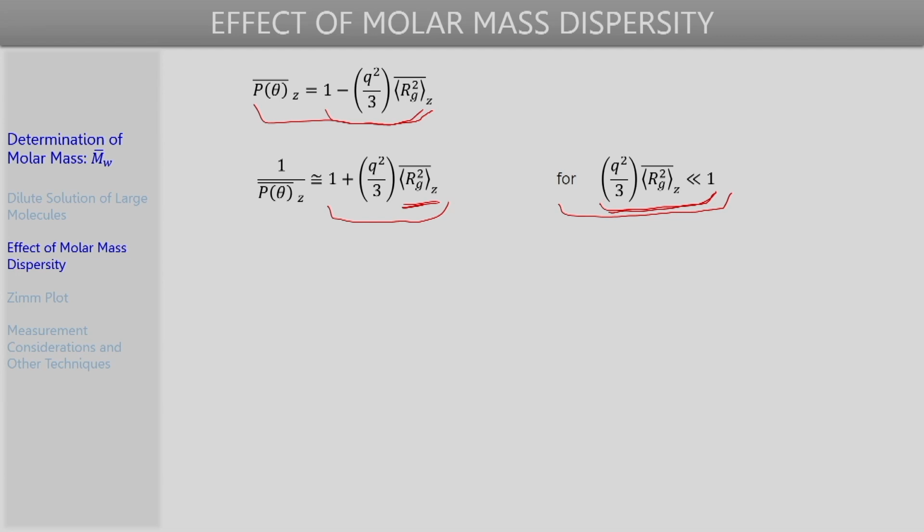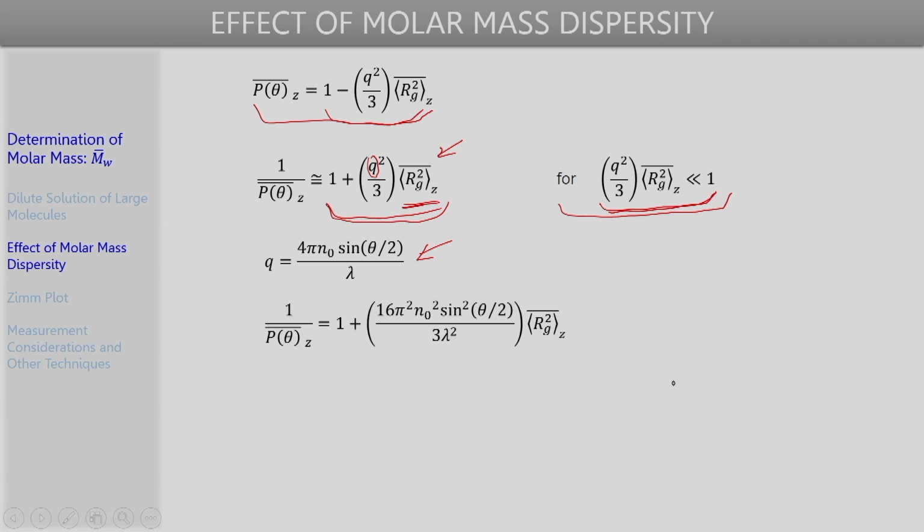Once we have this expression, we know that q, the scattering vector we have already discussed, is defined like this. So, once that is substituted here in this equation, the 1 over P(theta) bar Z term becomes equal to 1 plus 16 pi squared n_0 squared sin squared theta by 2, divided by 3 lambda squared, this whole thing multiplied by the Z average of the mean square radius of gyration.